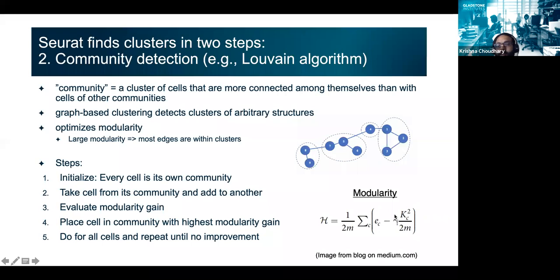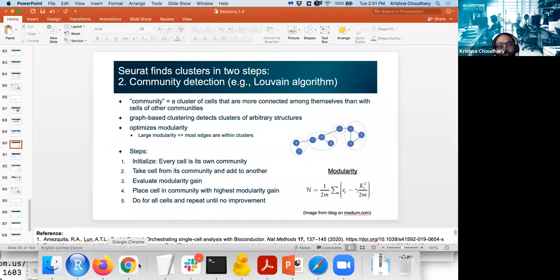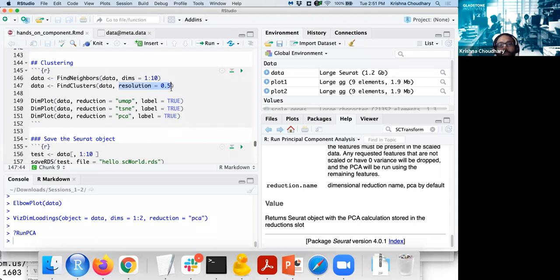So that is the parameter that we are tuning here in this R script with the resolution parameter. You can set it to a higher value if you want more clusters, or if you feel there should be more clusters because you know how many cell types are there in your data. Based on your knowledge of how many cell types were present in your single cell population, you can tune this parameter to get a reasonable number of clusters.